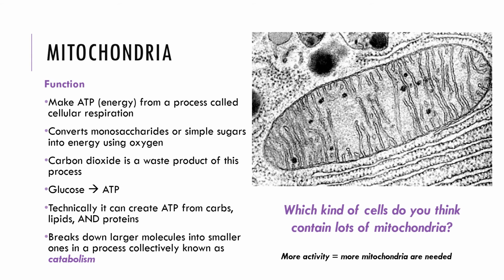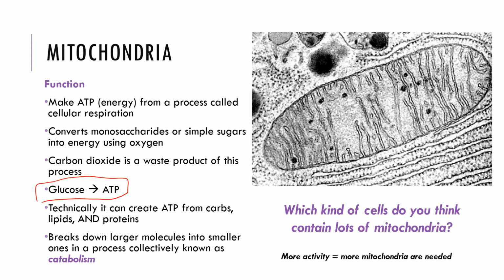So that means plants, while they use CO2 to make their sugars in photosynthesis, they also produce CO2 through this process. So it's turning glucose into energy, ATP. We can technically create ATP from any type of food we eat, carbs, lipids, proteins, but chemically speaking, we tend to use glucose because the equation is the best.